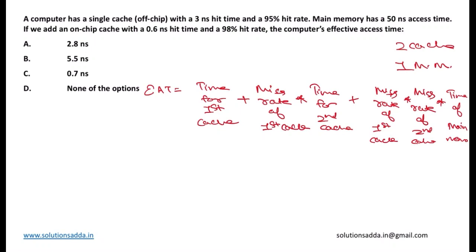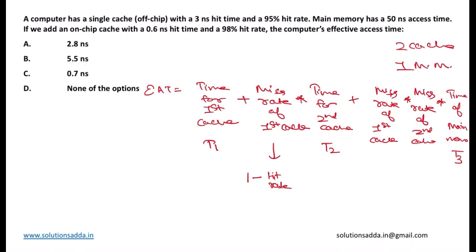Let the time for the first cache be T1. Miss ratio will be calculated by 1 minus hit ratio. Time for the second cache is T2 and time for main memory is T3. So miss rate of the first cache would be 1 minus hit rate of the first cache.